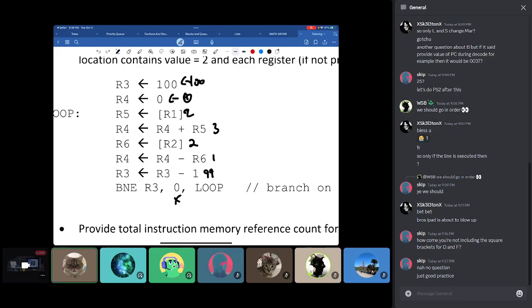So if R3 is not equal to 0, then we go to loop, which is right here. When R3 is 99, it's not equal to 0, so we go up. We're going to keep doing this until R3 is equal to 0.